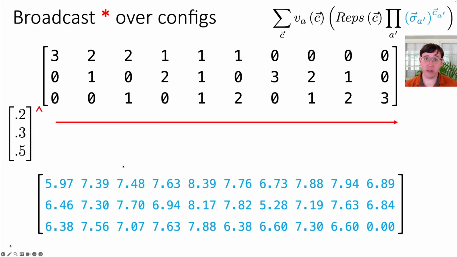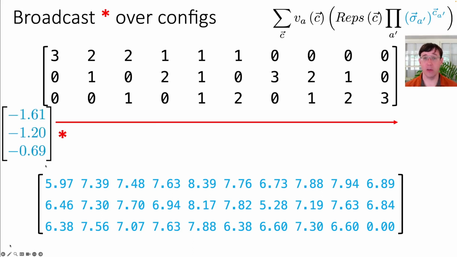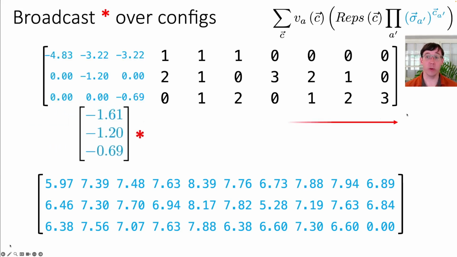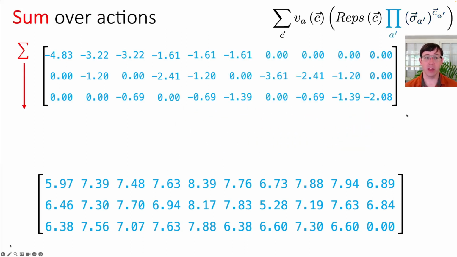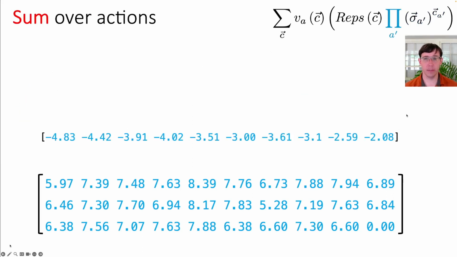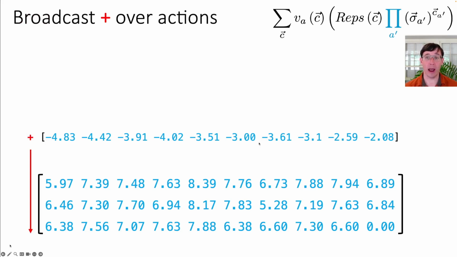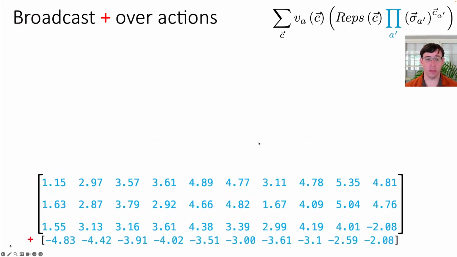To do our deviation payoff calculation in log space, we first need to take the log of the mixed strategy, and then this exponentiation becomes multiplication, which we broadcast over the configurations dimension. Then, instead of a product, we'll take a sum down the actions dimension, and we don't need to worry about repetitions, because our payoffs are already weighted by repetitions, so we just need to add down the actions dimension.